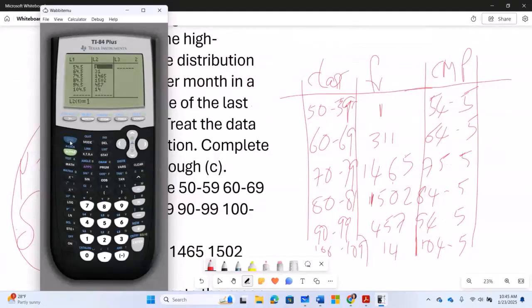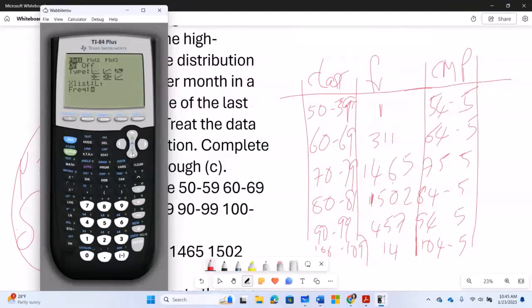I am going to press second y equals, which is start plot, and select plot 1. I'm told to draw a histogram, so I'll select histogram, which is number 3. Then I'm going to arrow down. I should have class midpoint in L1 and frequency in L2.